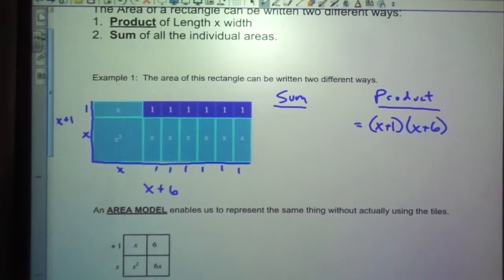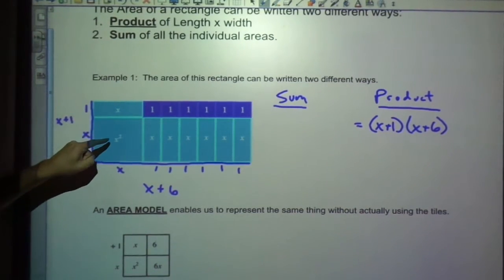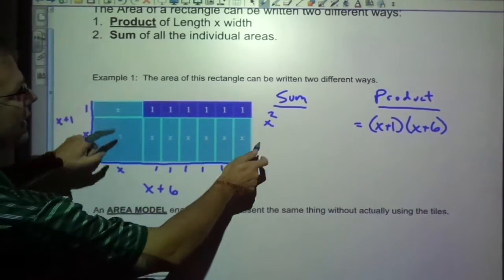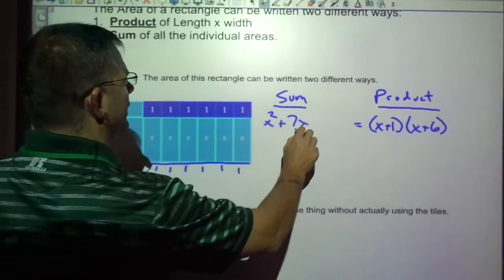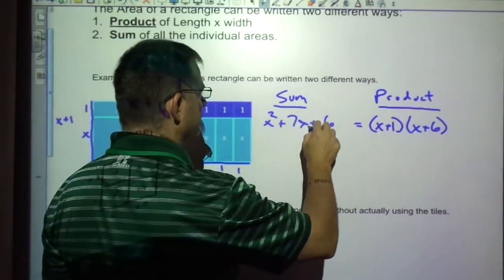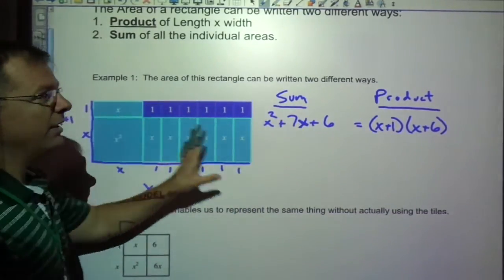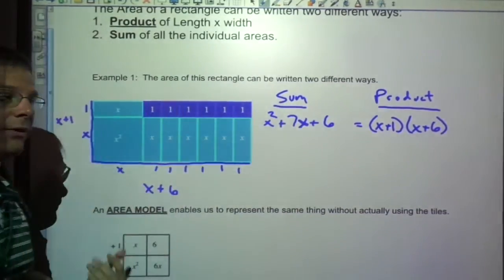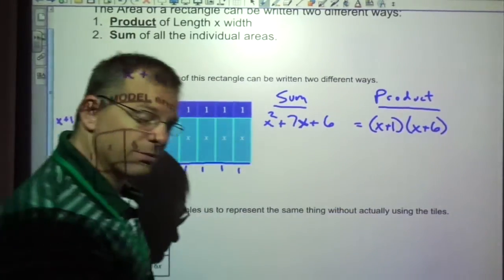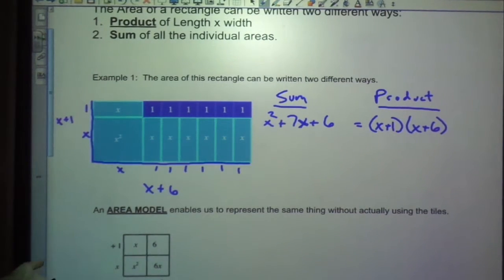And that's going to be equivalent to if I were to take all of these and say I've got 1x squared, I've got 1, 2, 3, 4, 5, 6, 7 x's, and I've got 6 plain numbers. So this is the area, because that's all of these together. This is the area, because that's length times width. So area has to equal area, so these two expressions must be the same, because they're both representing the area.